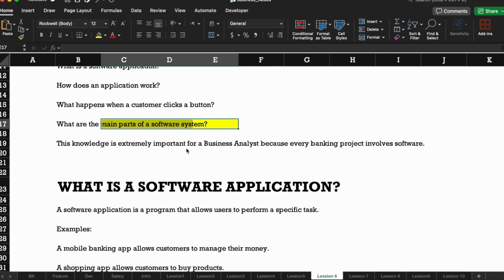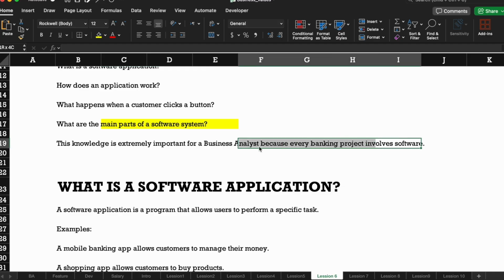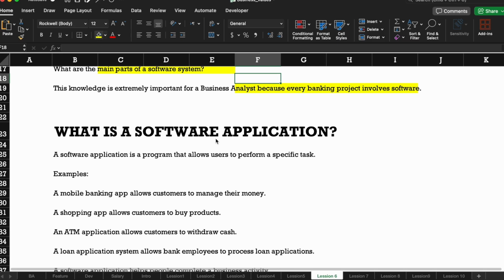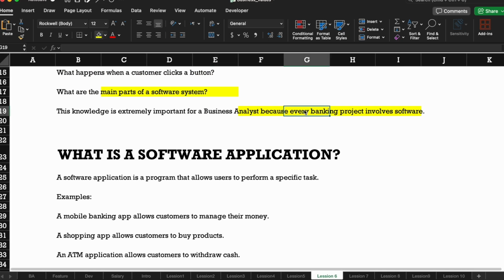This knowledge is extremely important for a business analyst. Every banking project involves software, right? So this is not only for banking projects, for any project this is important. Because we are using banking as the business domain, that's why I mentioned banking project. For any project, this is very important to understand the requirements.